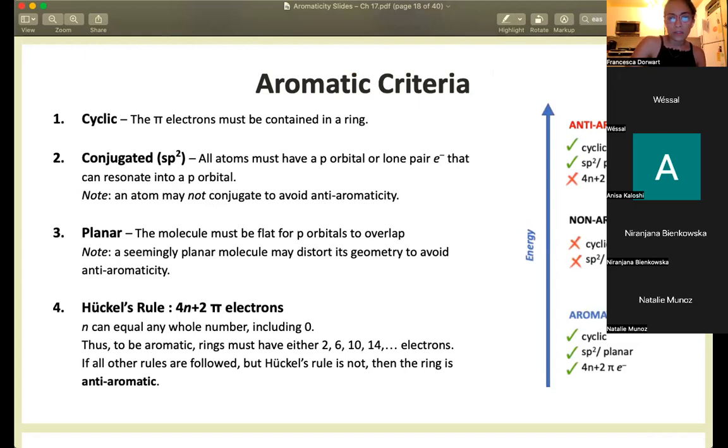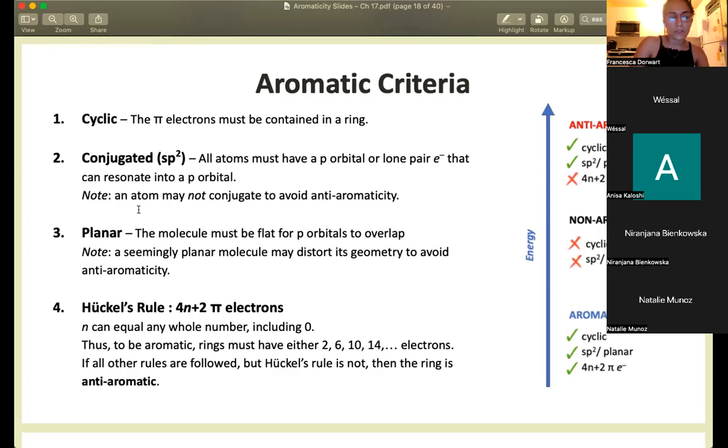All right, and then of course, if we end up disrupting the ring, aka it's no longer cyclic, which usually would mean it would break, or we interrupt conjugation, perhaps by not allowing lone pairs to go into resonance, or by even distorting the shape of the molecule so that pi bonds are no longer parallel to each other. Okay, not only does that upset the planarity of the molecule, but also those p orbitals are no longer in conjugation with each other because they're not parallel. Okay, so those are the criteria for each of them.